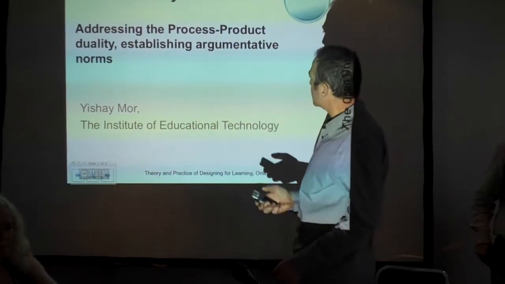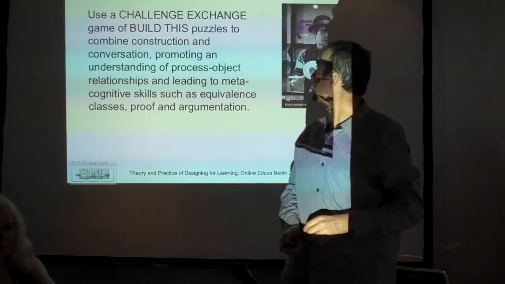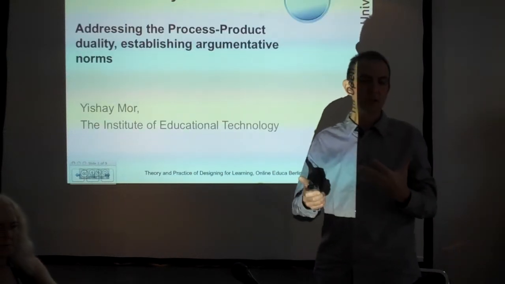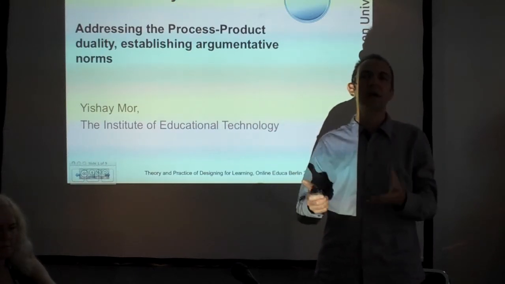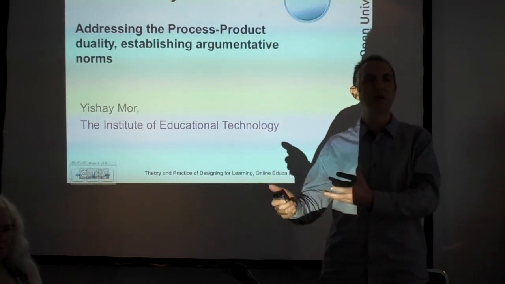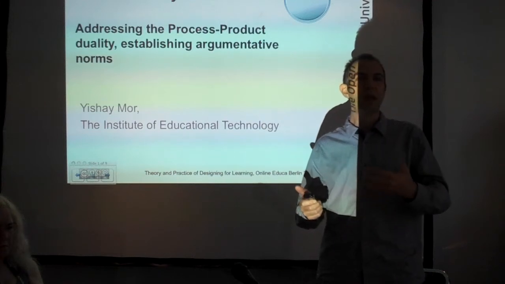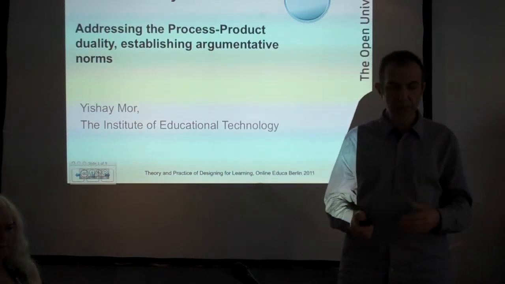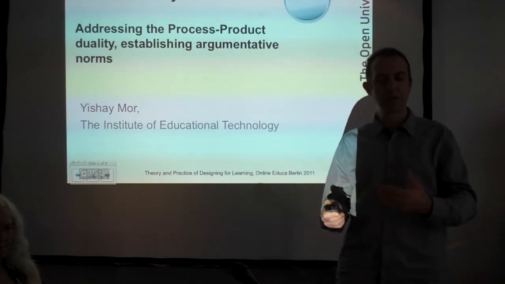Okay, so this pattern is called Guess My X, and the idea is to try to address the duality between process and product, and that's something that I think in a lot of fields you can see a process that generates some outcome, and there's a sort of educational challenge of getting students to appreciate the relationship between the process and the product and developing a solid discourse around those.